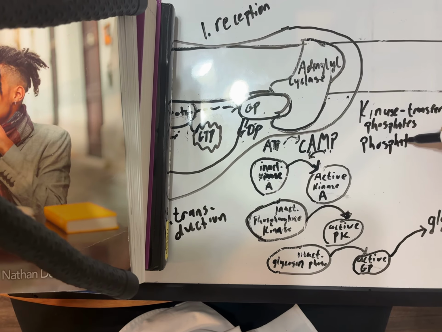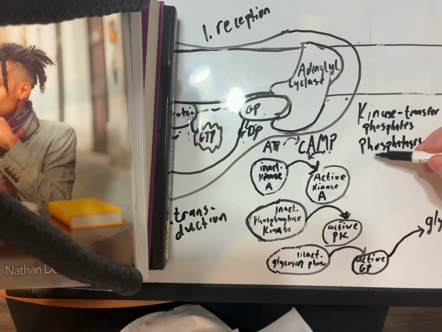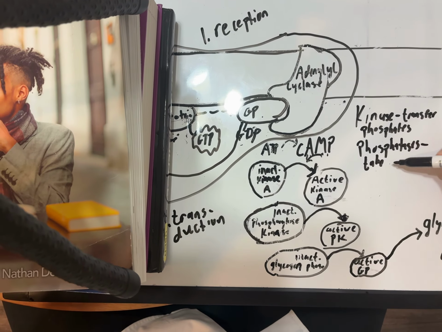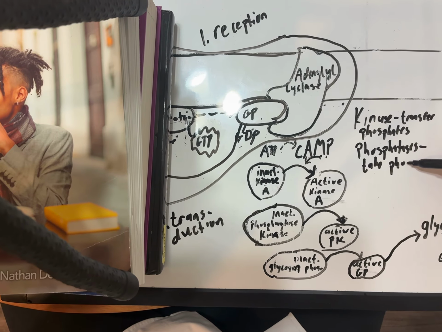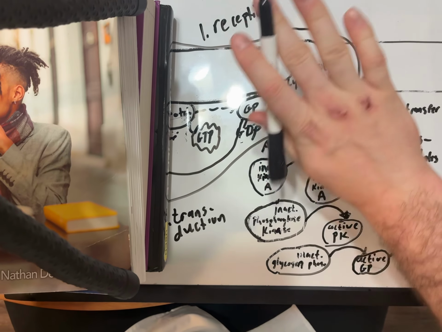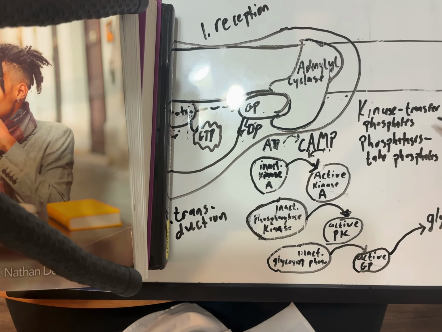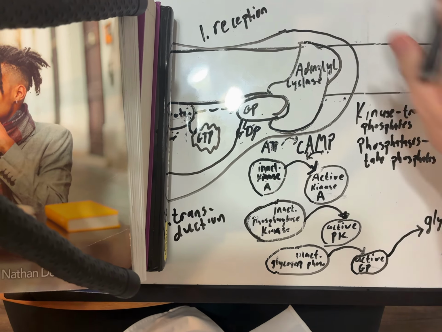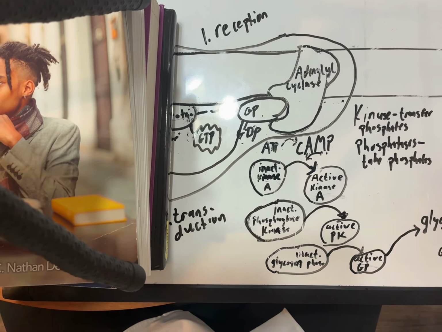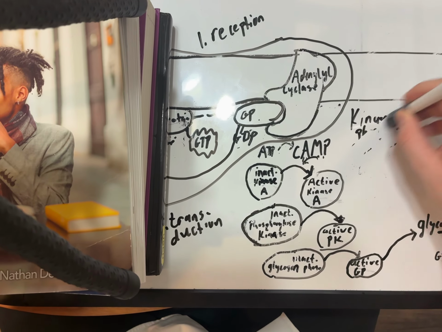Anytime you see something like protein phosphatase, that means that they are going to take phosphates away. So a kinase would donate a phosphate, usually by getting it from ATP, and then phosphatases take a phosphate away, dephosphorylate. So that's just a couple quick definitions as we go through this.